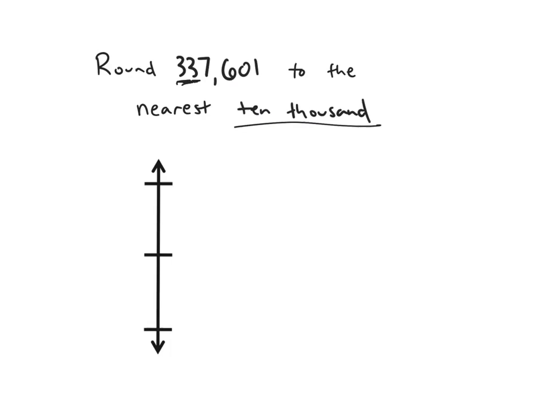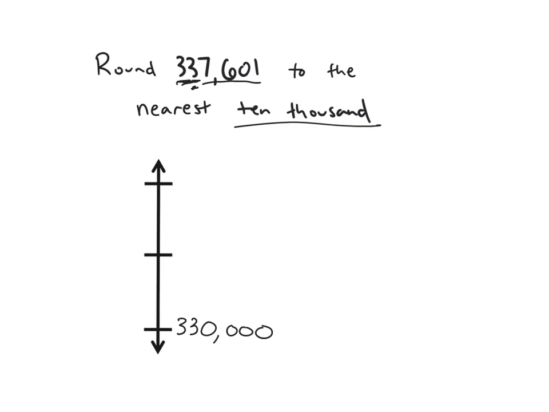And so that helps me determine the lower end of the nearest 10,000 on my vertical number line. So it will be 33 10,000s, which is the same as 330,000. So I pretty much took whatever was to the right of the 10,000s place and made all of these digits zeros. And then the upper limit, I'm just going to add 10,000 to this bottom number.